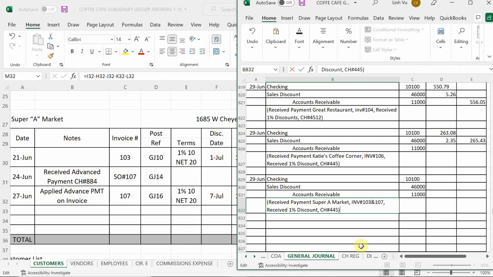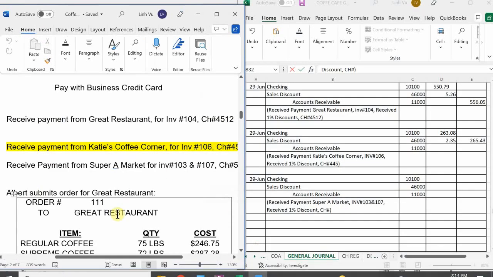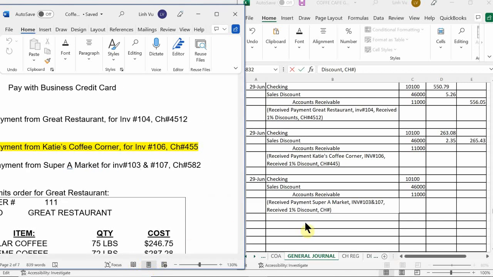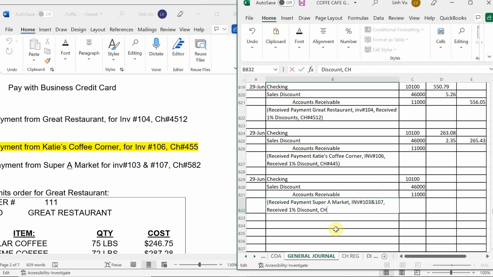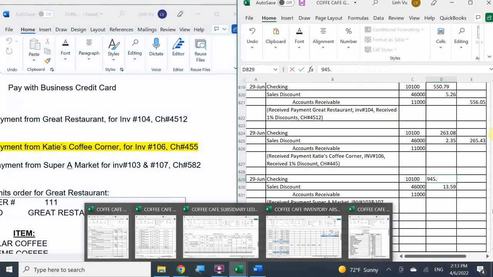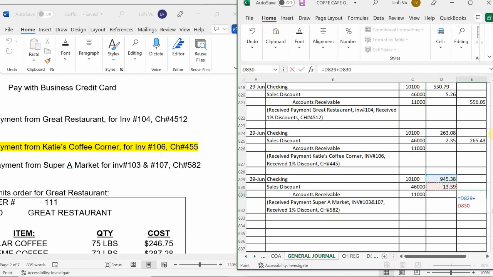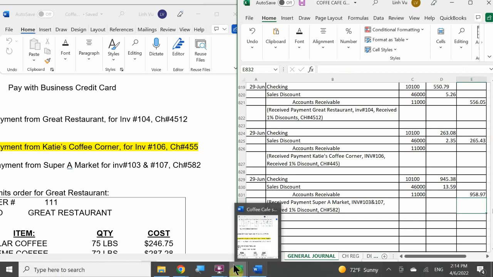Received 1% discount, check number 582. Right, total is 958.97.